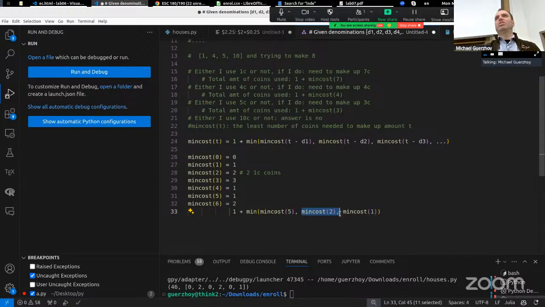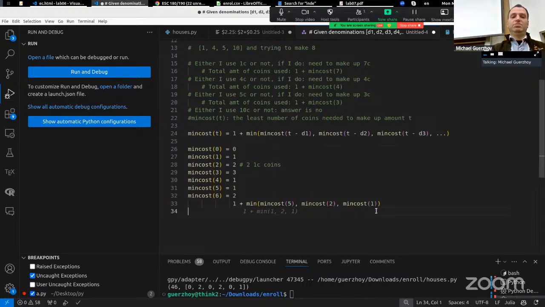So that's not a good option. So this corresponds to using 4 cents. This corresponds to using 1 cent over here, and this corresponds to using 5 cents over there. Right? Does that make sense? So what's min cost 7?